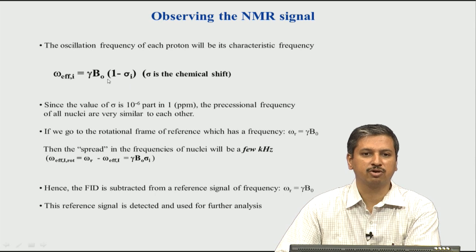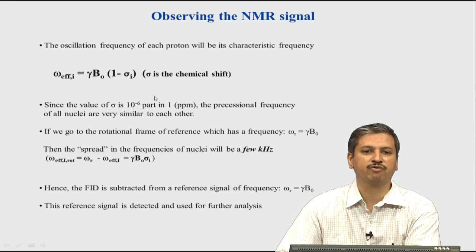This is called the rotating frame of reference, where you keep your frequency aligned with one particular frequency region, one peak let us say, and that peak becomes 0 frequency because it is static. But with respect to that frequency, all the other frequencies are now no longer 0, they are either positive or negative. So this is the concept of chemical shift, offset and different terminologies which we will use later.